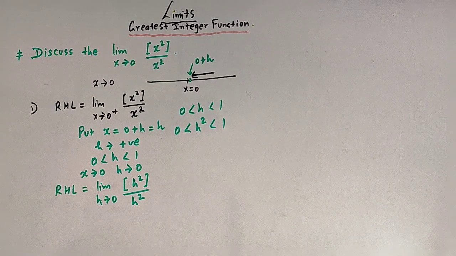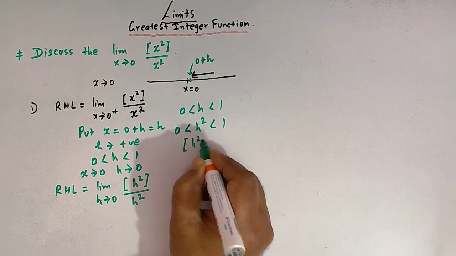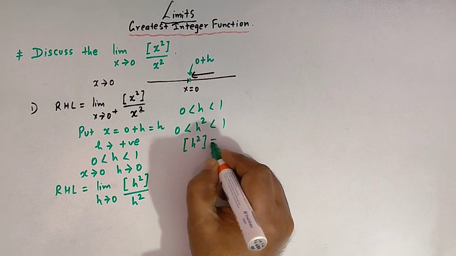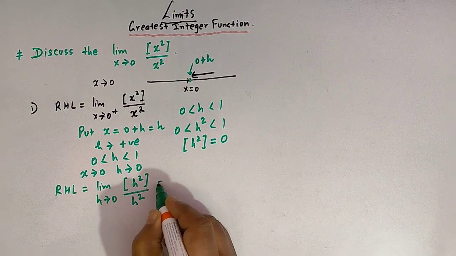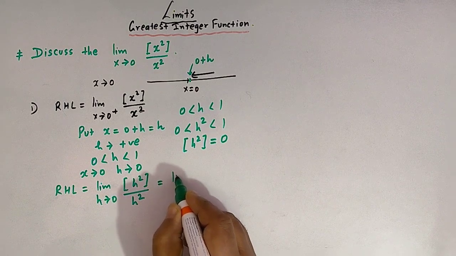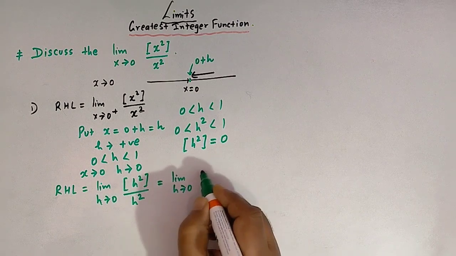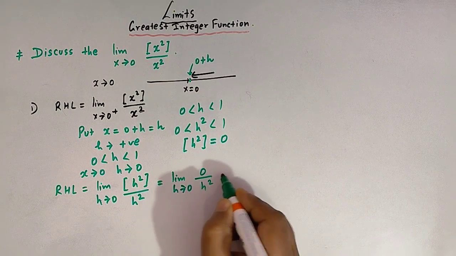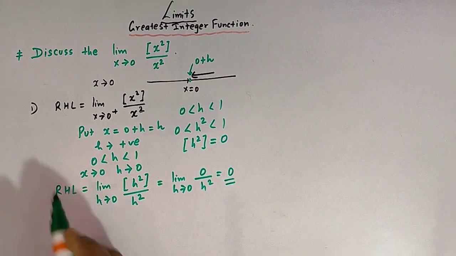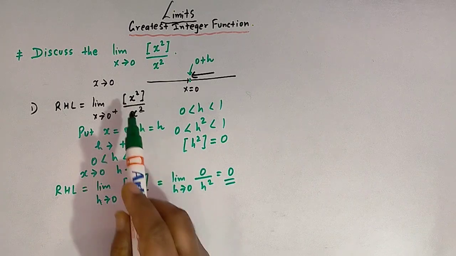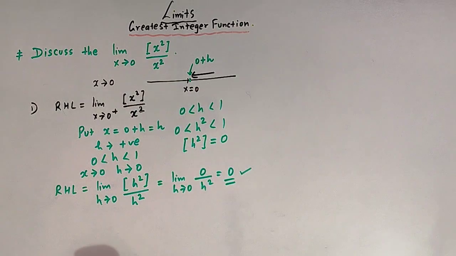So by the definition of greatest integer function, the greatest integer of h square must be equal to 0. Now we write limit h tends to 0, and this quantity is 0, so the entire limit becomes 0. So the right hand limit of this function when x approaches 0 is 0, right?